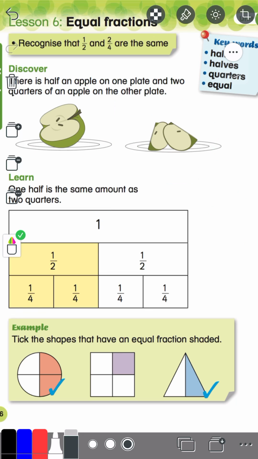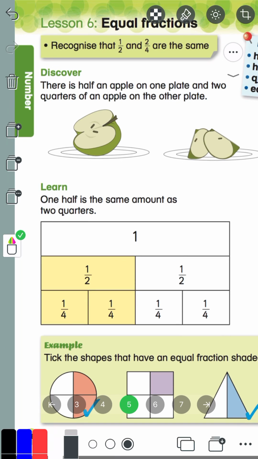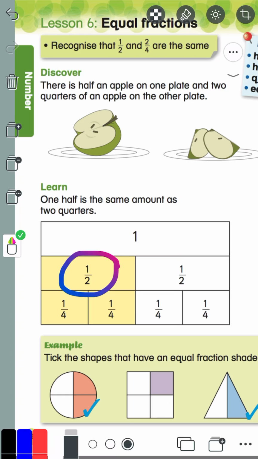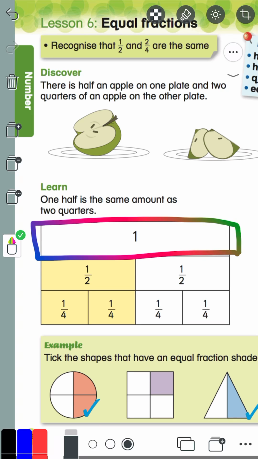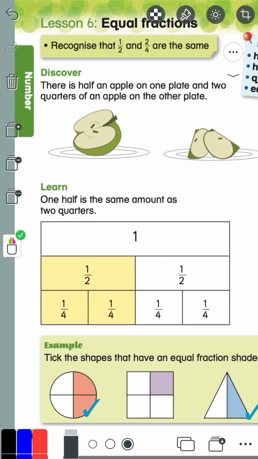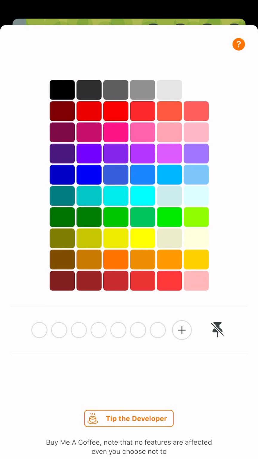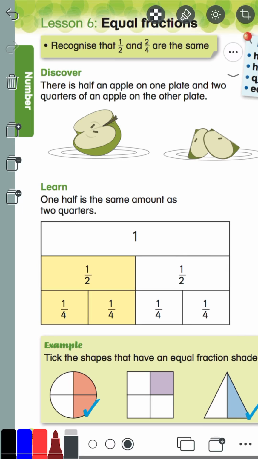Now look here. 1/2 is the same amount as 2/4. Why? Because this is one part of chocolate. So let me choose the chocolate color. So this is like chocolate, all right?